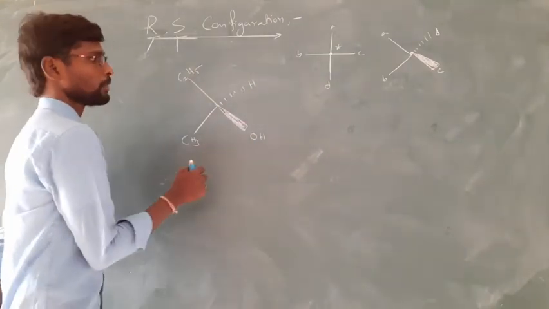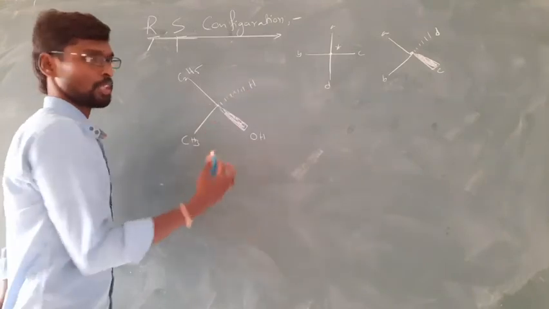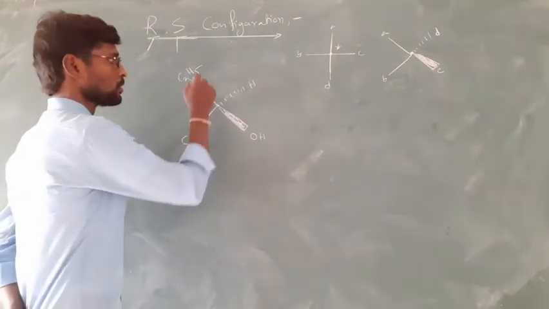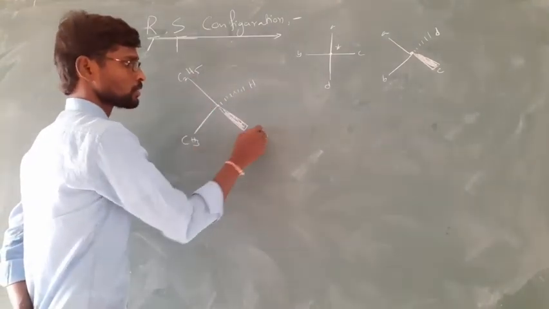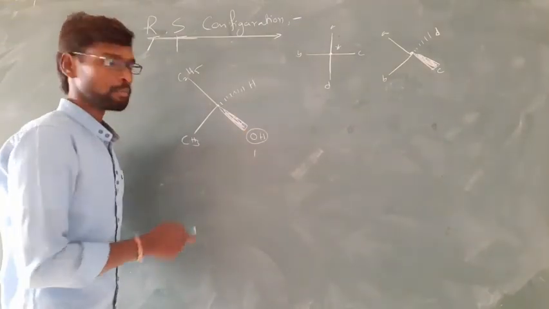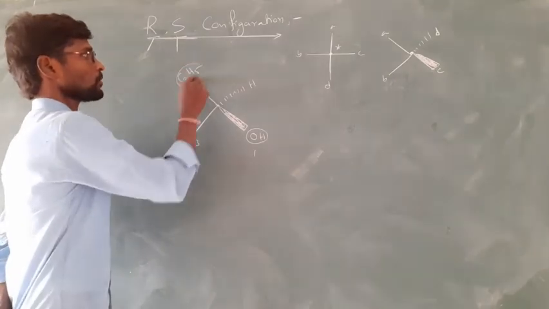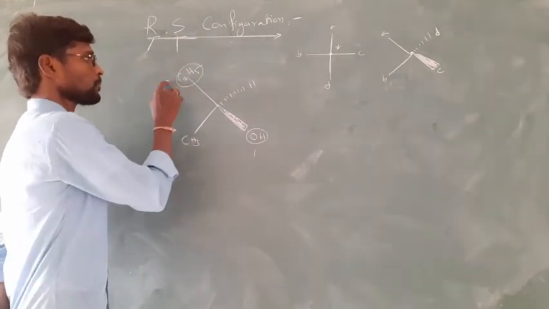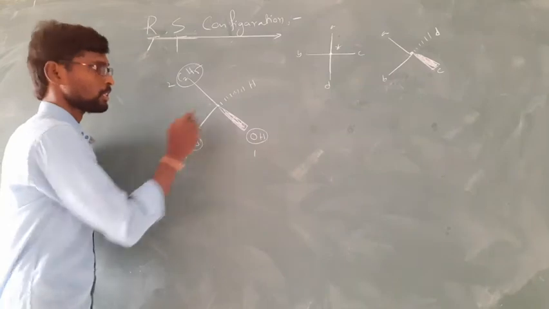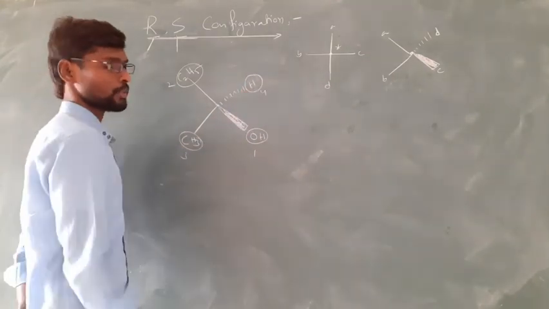Now what will happen here? You have to give numbers again for RS configuration. According to atomic masses, OH will get the first number, C2H5 will get the second number, and CH3 will get the third number. Hydrogen will get the fourth number.